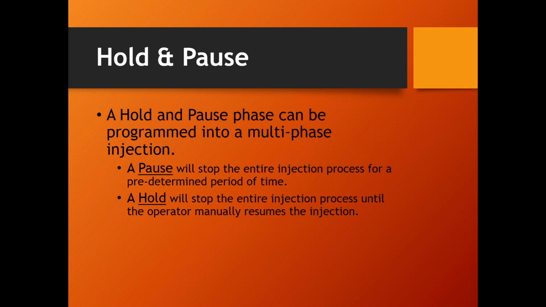So you'll put in phase 1. I don't know if everybody can see this, but for phase 2 here, we'll put in a pause for 5 seconds. And then phase 3, we'll go back to flush 5. There we go. All right, so on this one, we're gonna get a 5-second pause.